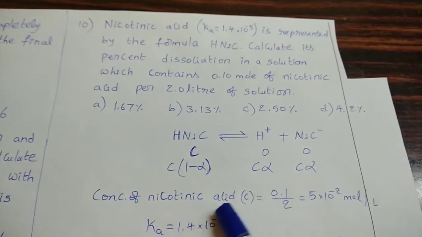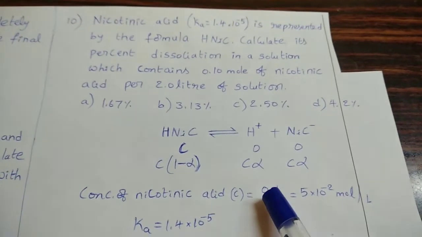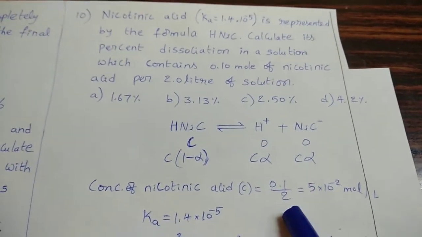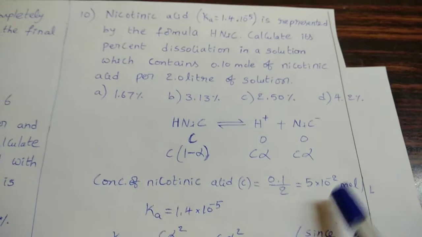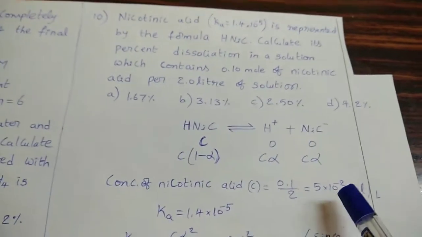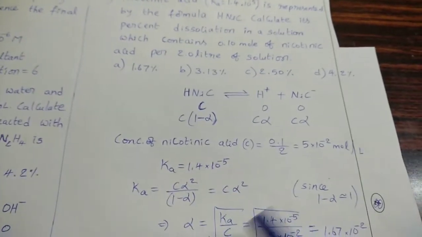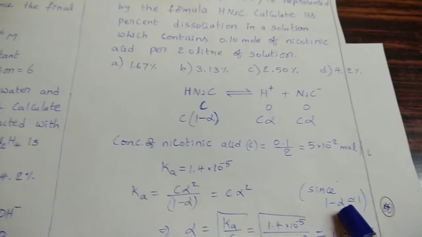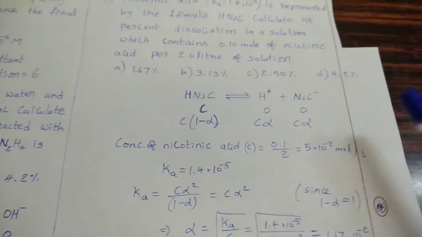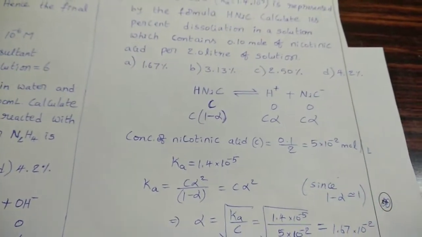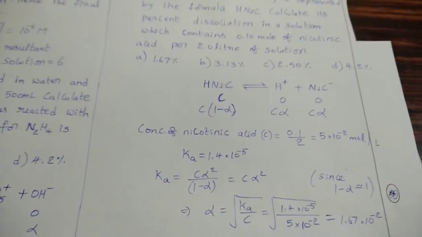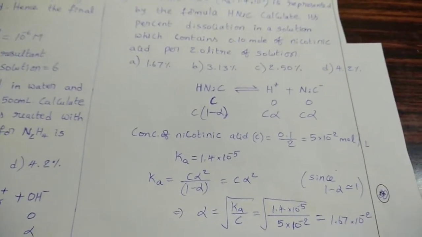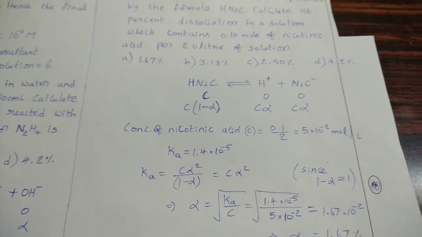Now concentration of nicotinic acid C equal to number of moles 0.1 divided by volume. That is this one. See, this concentration is very small. So here also we can consider alpha is negligible because the concentration of the given compound is small. From that, degree of ionization is very small. That's why we can consider 1 minus alpha is nearly equal to 1.